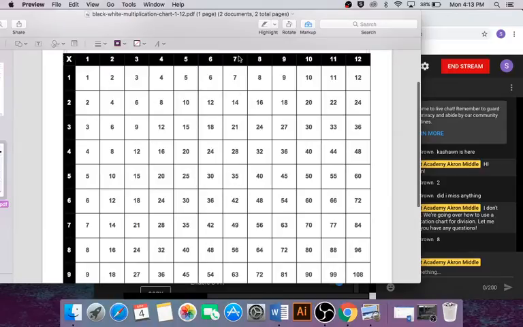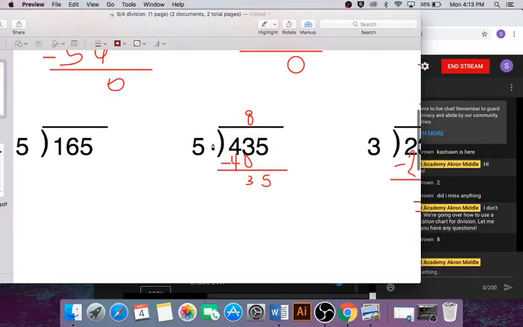So we go up and we see that 5 times 7 is 35. So we're going to come back over here and put our 7 above the 5. 7 times 5 is 35. So now we're going to subtract. 35 minus 35 is 0. So our answer to 435 divided by 5 is 87.